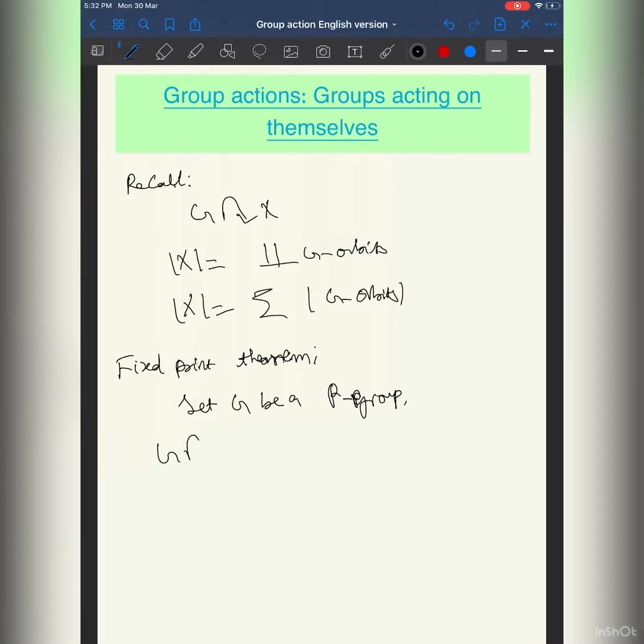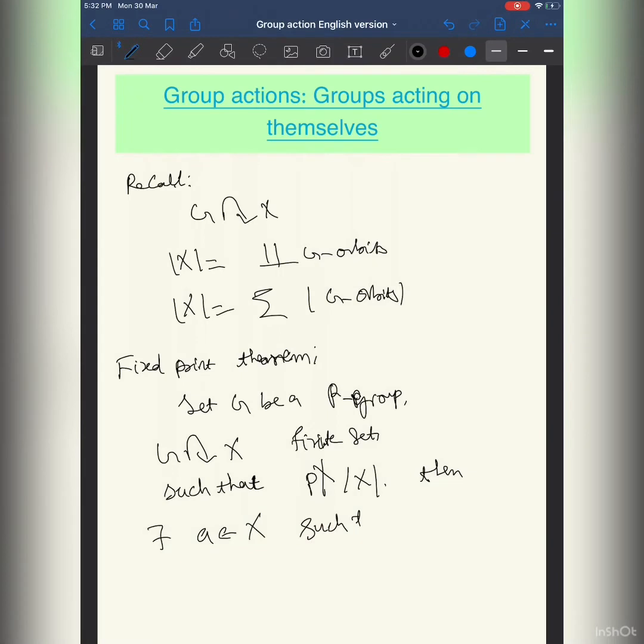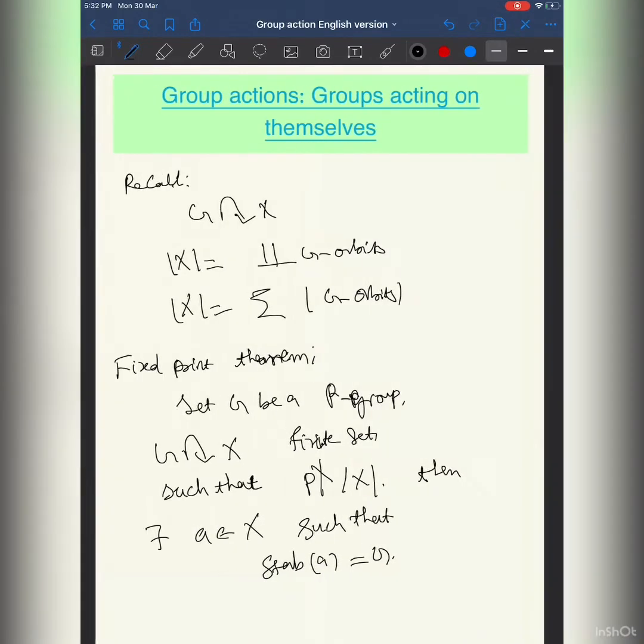And G acts on X, a finite set, such that P does not divide the order of X. Then there exists A belongs to X such that the conclusion is: stabilizer of A is G itself.